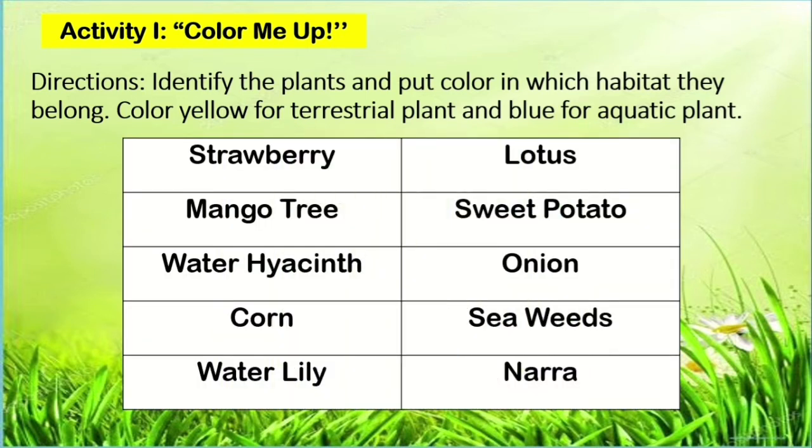So we do have strawberry, mango tree, water hyacinth, corn, water lily, lotus, sweet potato, onion, seaweeds, and nara. Again, you will color yellow for terrestrial plant and blue for aquatic plant.